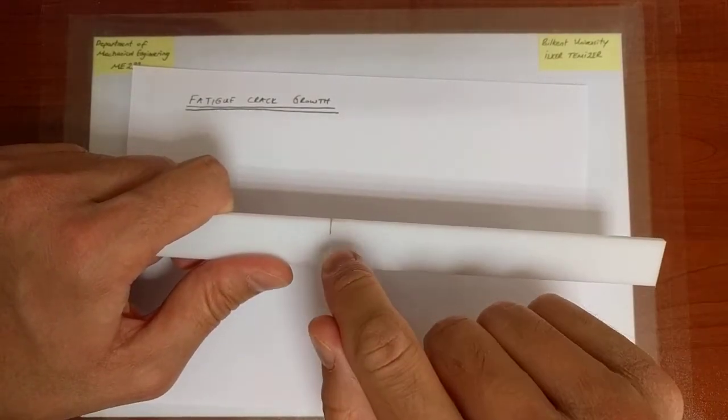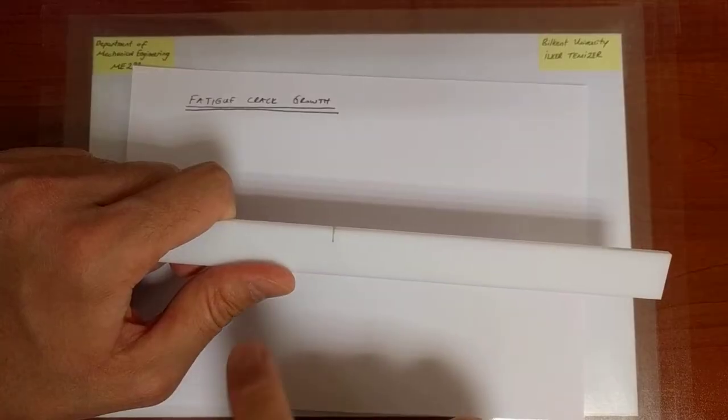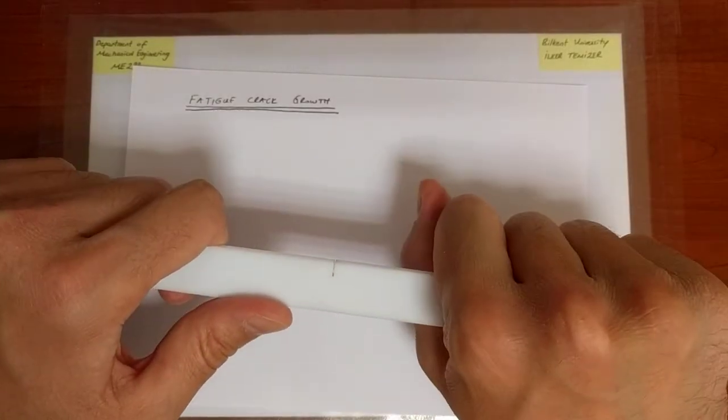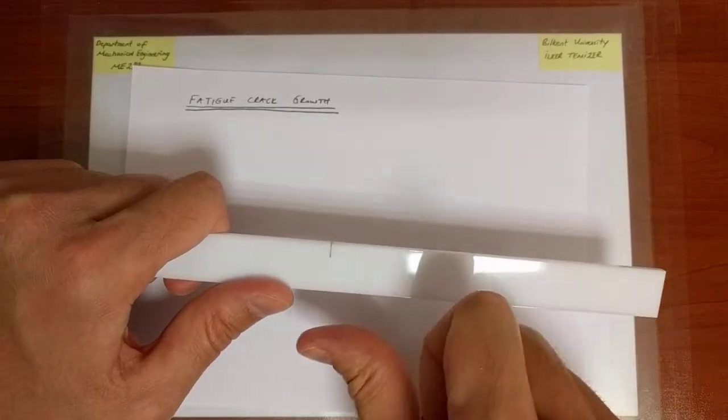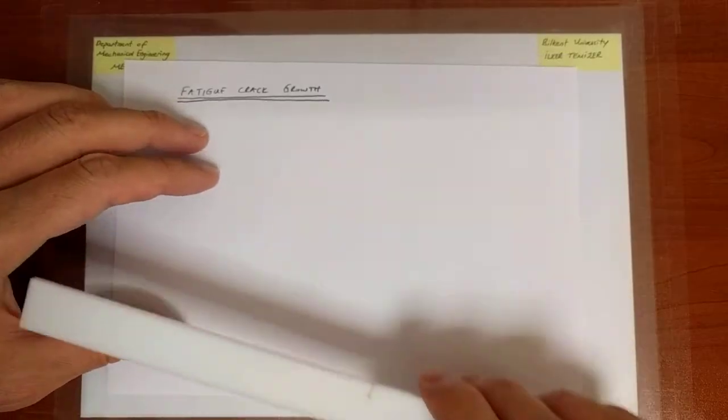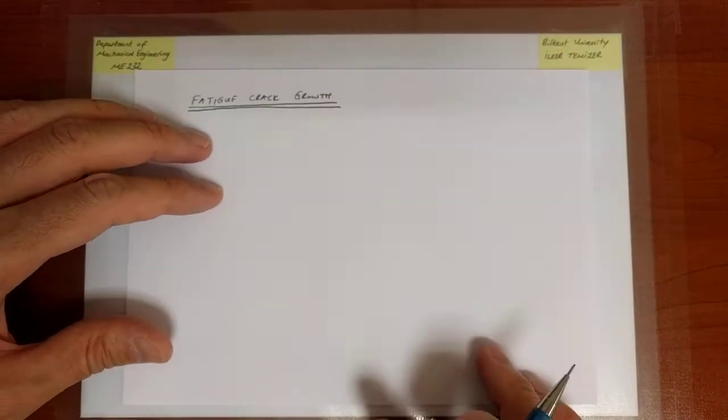So the physical observation that cracks eventually grow under loads that vary with time, so you load and unload, for instance, is an important issue in the mechanics of materials and when we design things.